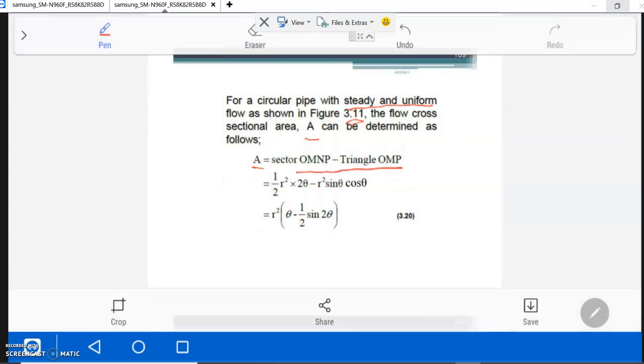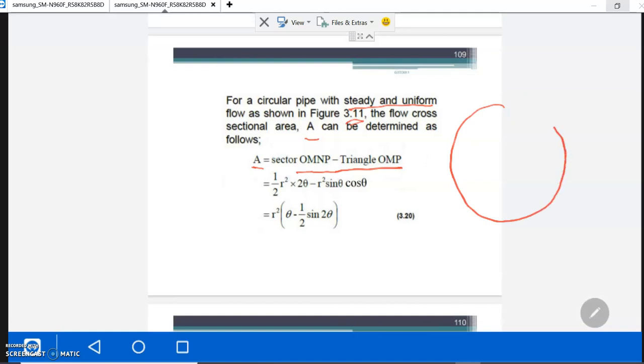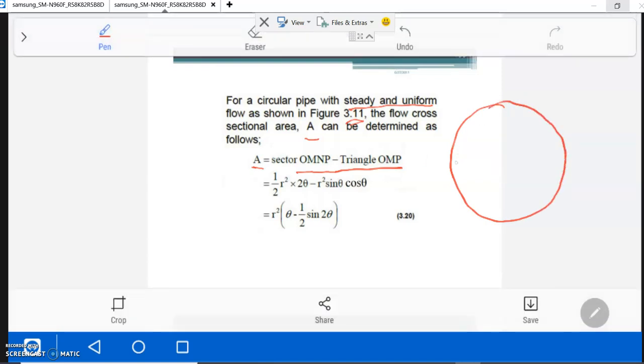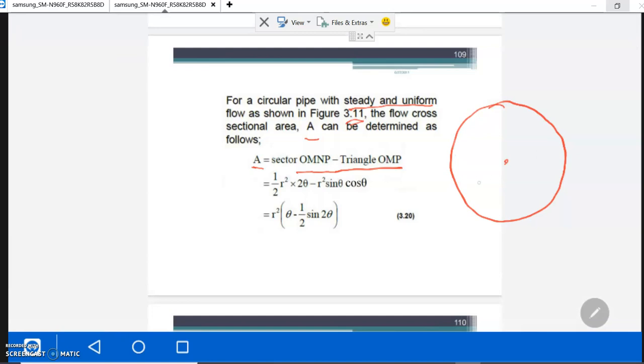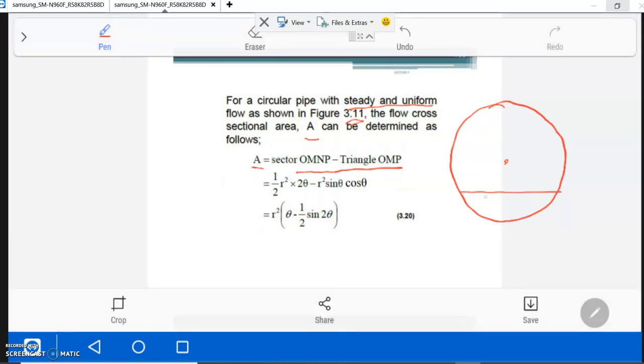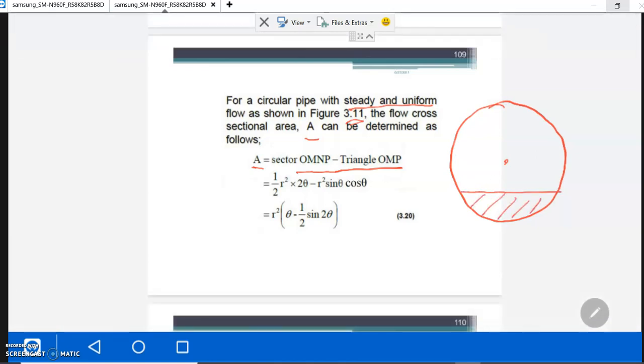So meaning that we have the closed conduit here, and then we have the flow level water here. Okay, so this we symbol as O. So this is M, O, M, and P, right?